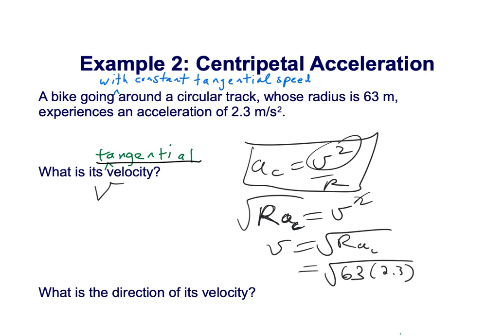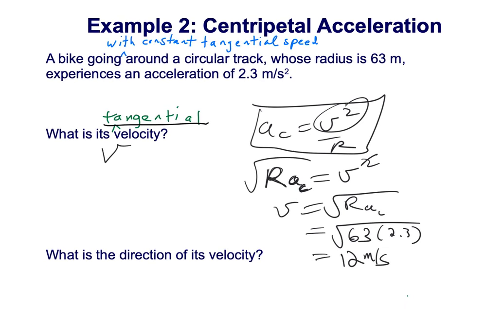Then I get rid of the square by square rooting both sides, plug in my numbers, and I get 63 times 2.3. Then I square root that. I get 12.03 meters per second.